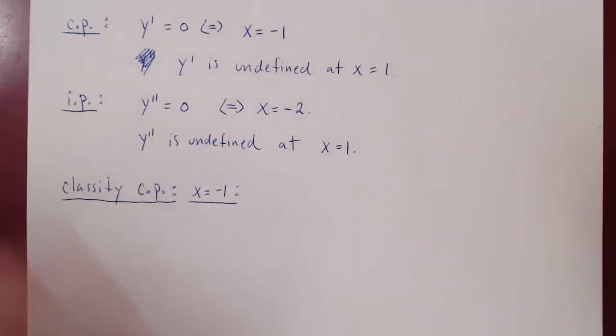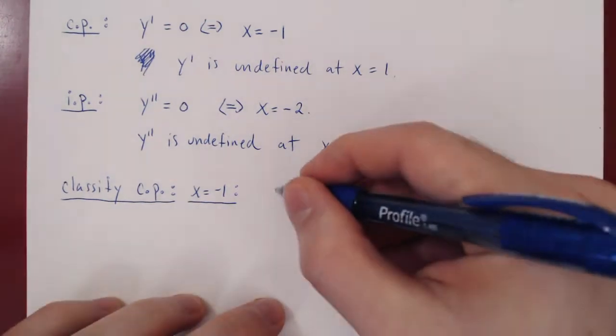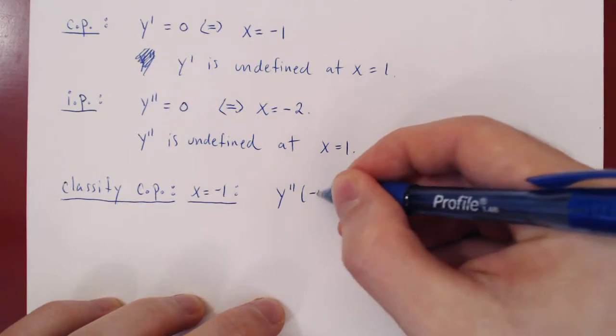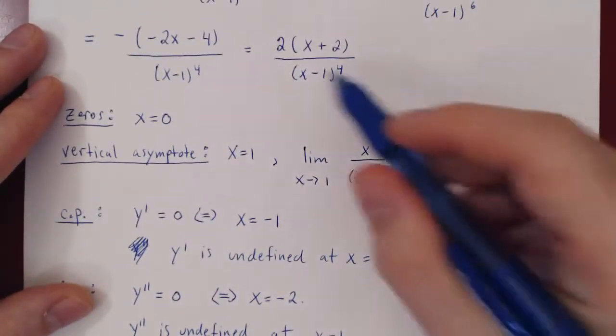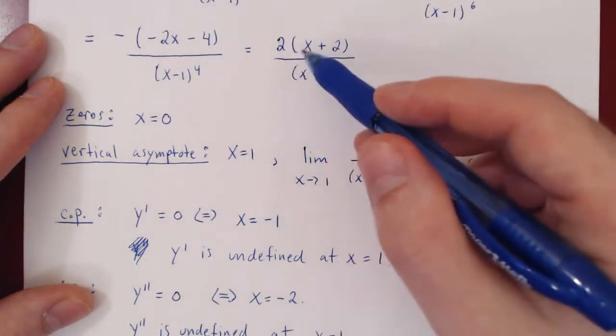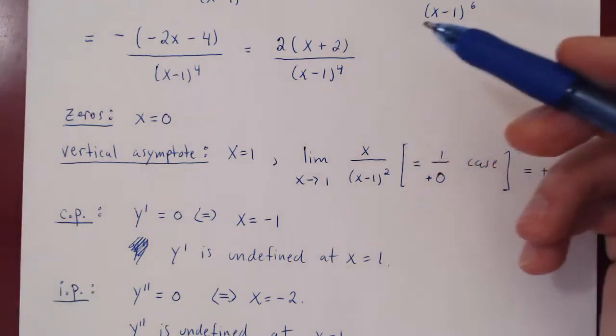As always, we classify critical points with the help of our second derivative. So we find the second derivative at negative 1. Let's look at what the second derivative is. It's right here, so we'll get 2 times (negative 1 plus 1). Negative 1 plus 2 is 1.